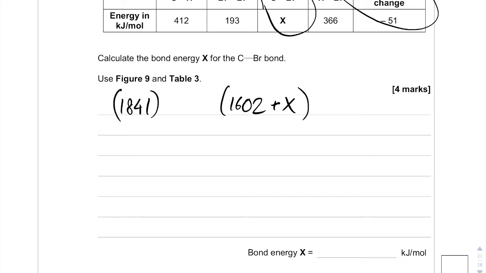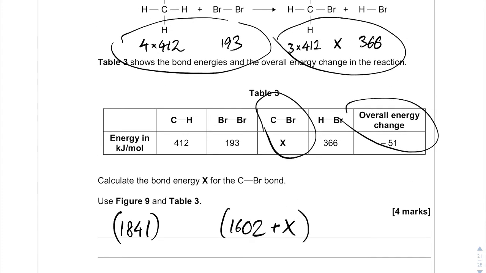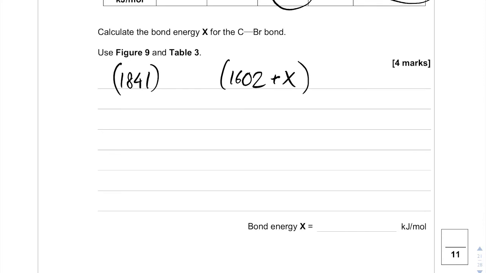So we've got these two, and we need to realize that on the left we're breaking bonds, so it's negative in terms of energy change, and on the right we're forming bonds, which is positive in energy. And so this 1841 is actually negative.